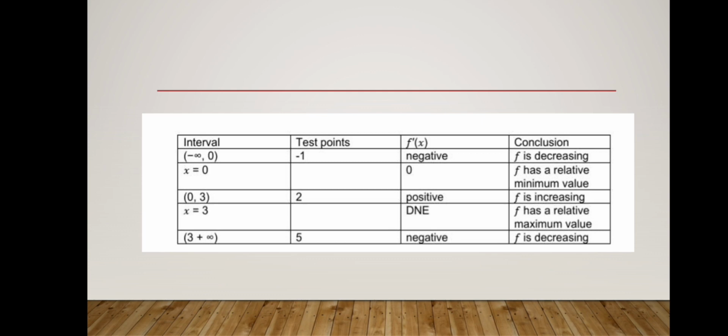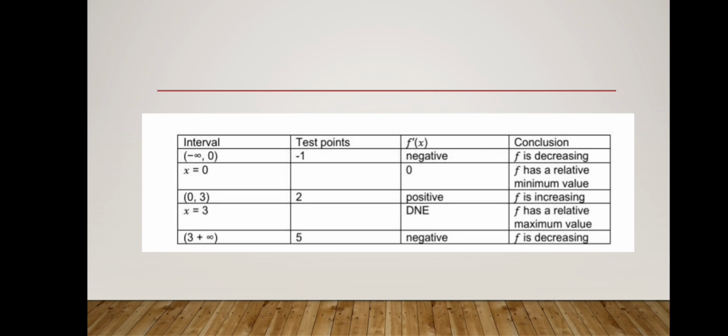We can also notice that when x increases through the number c, where x is equal to 0, it changes the algebraic sign of f prime x from negative to positive. So if we increase the value of x, say x equals 1, the sign of our f prime x will be positive.